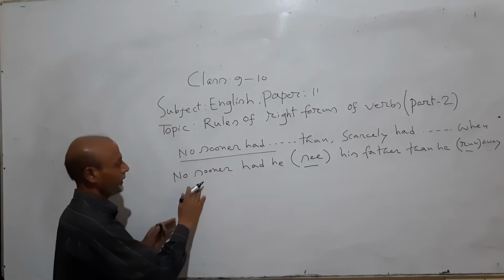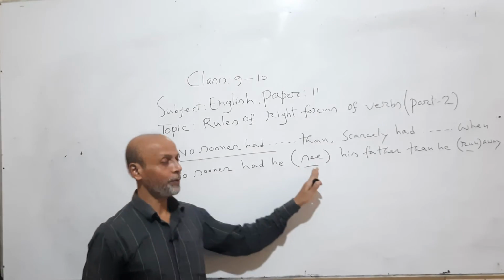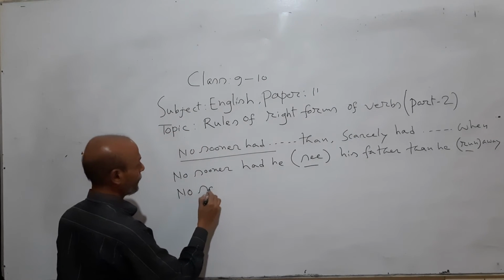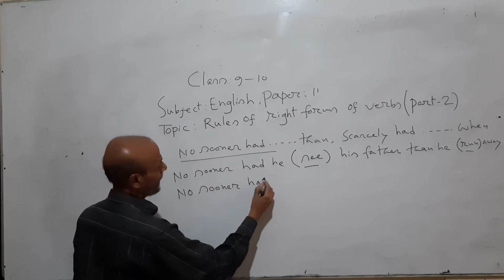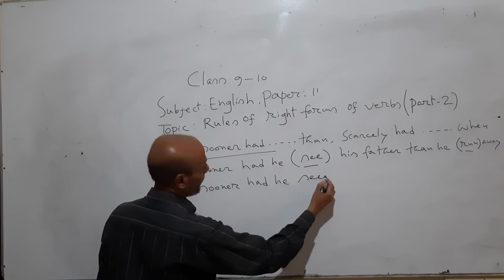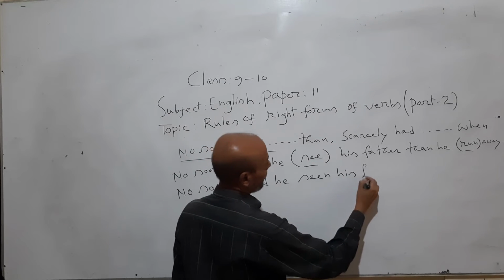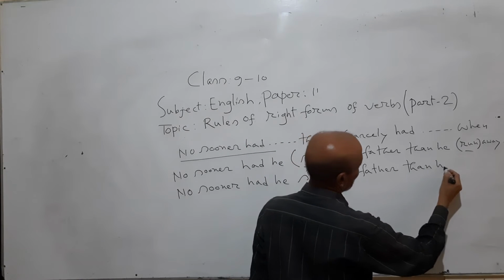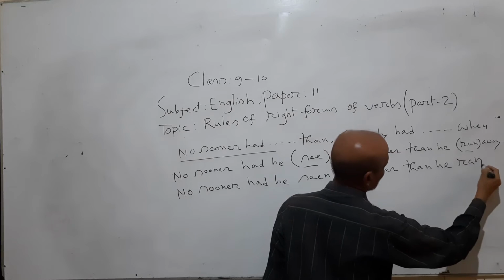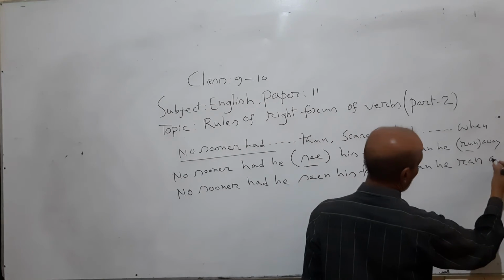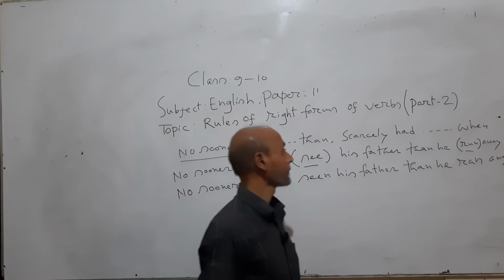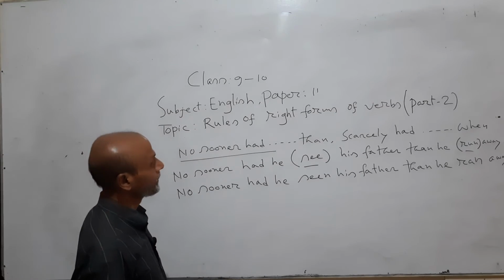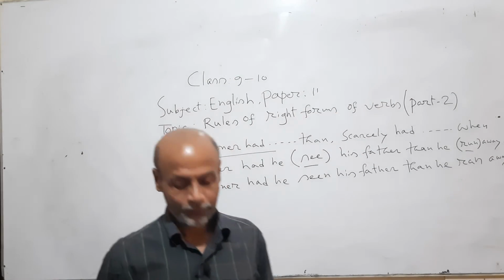As this is the part that we have had, after had, you have to change the verb to first participle. So you have to write, no sooner had he seen his father, then he ran. Simple first, ran away. Now another rule for you.